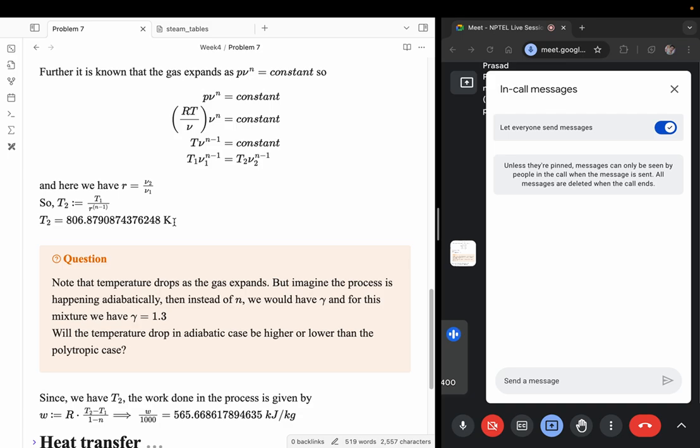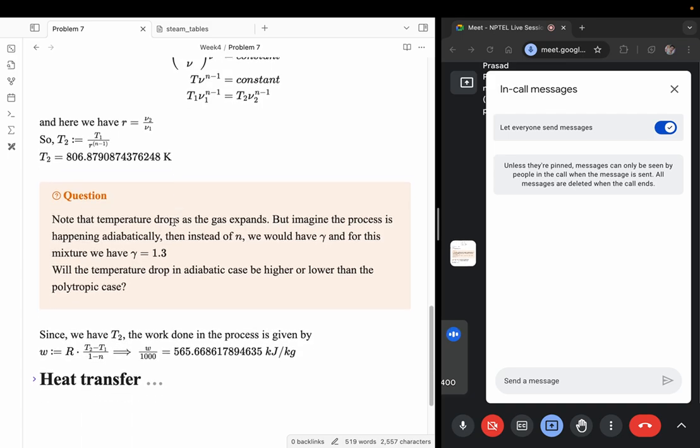We will calculate that as well. I'll leave that as an exercise, or we'll discuss it right now a little later.